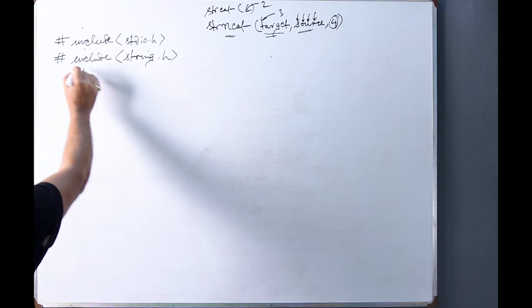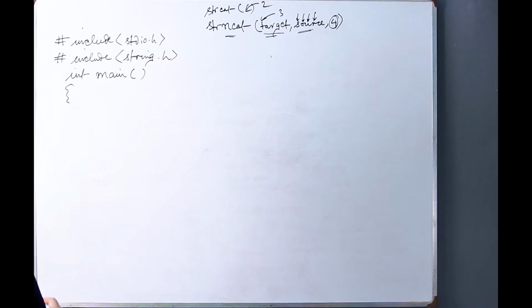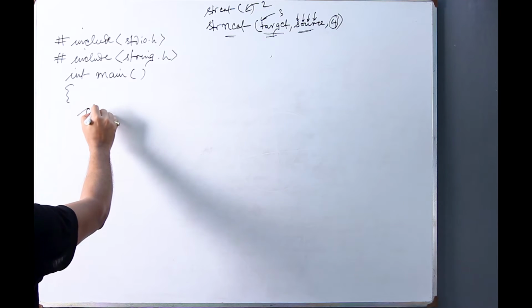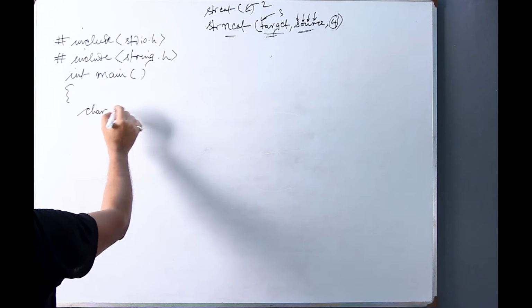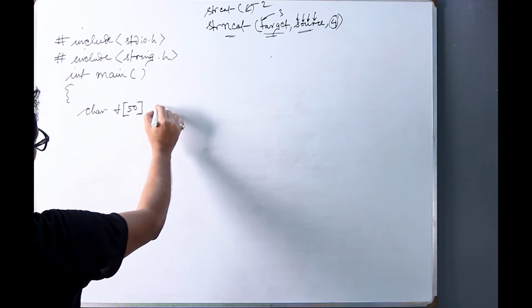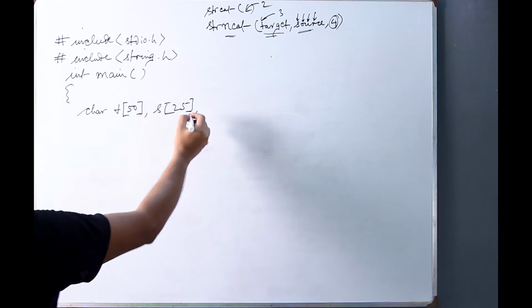Then comes the int main section, and after that we will declare two arrays, two strings rather. Suppose char t of 50, and another, s, of 25.